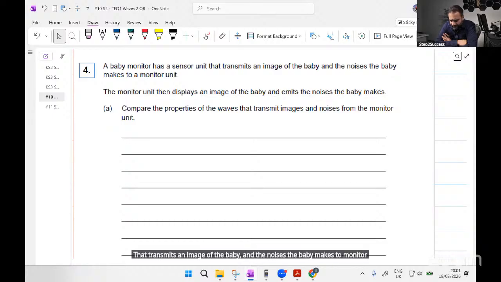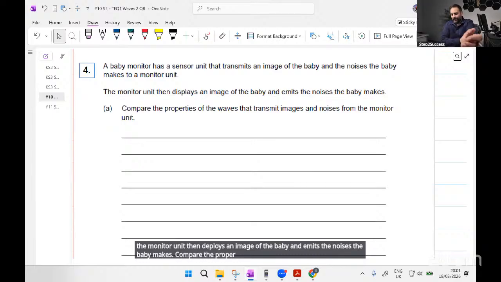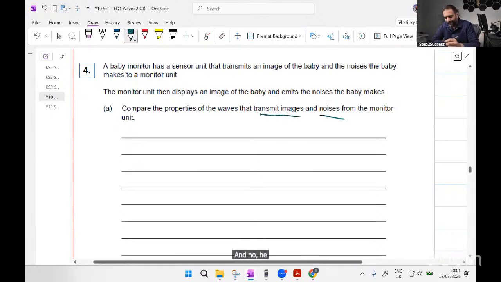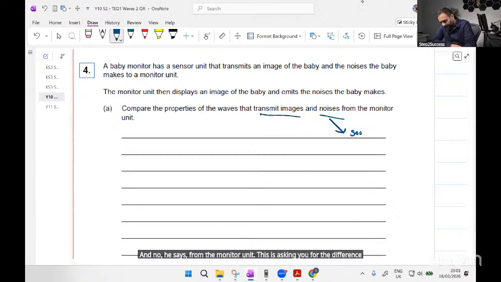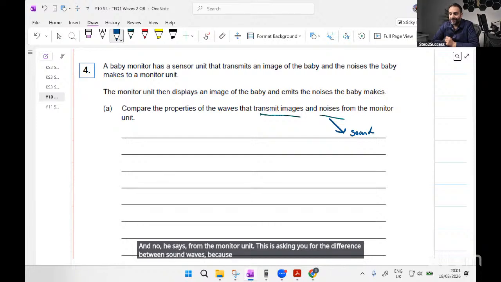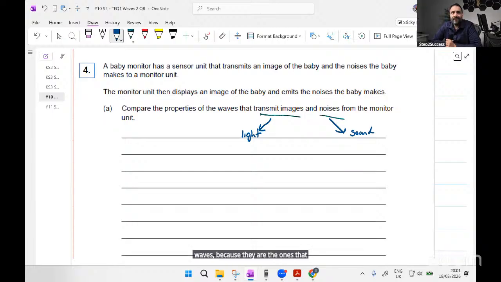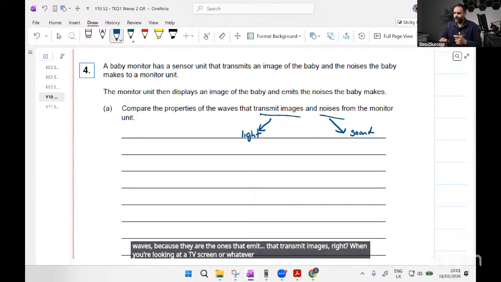The monitor unit then displays an image of the baby and emits the noises the baby makes. Compare the properties of the waves that transmit images and noises from the monitor unit. This is asking you for the difference between sound waves, because they're the ones that emit noises, and light waves, because they are the ones that transmit images, right? When you're looking at a TV screen or whatever, it is light that is being transmitted to you.